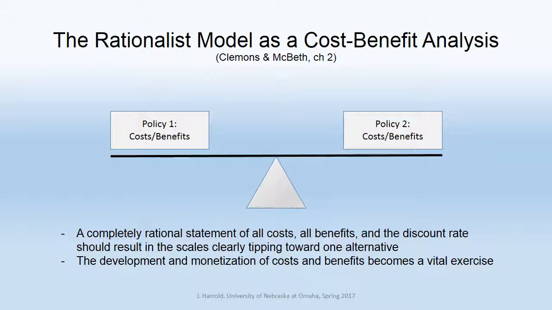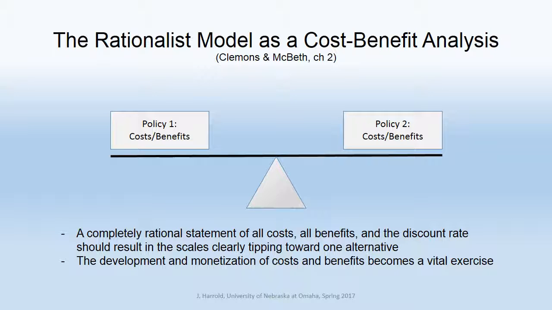If you monetize all your costs and you monetize all your benefits and you apply them equally to policy 1 or policy 2 or decision 1 or decision 2 or project 1 or project 2, any of those things, it basically removes you from the equation, if you will, because it's a rational approach, and the winning policy or the winning project or the winning decision will outweigh the other one. So it is a completely rational statement of all costs, all benefits, and the discount rate.